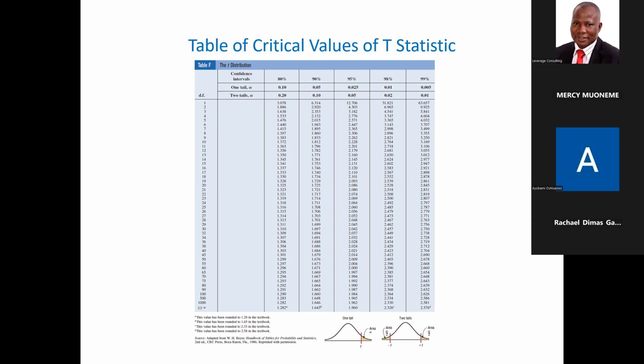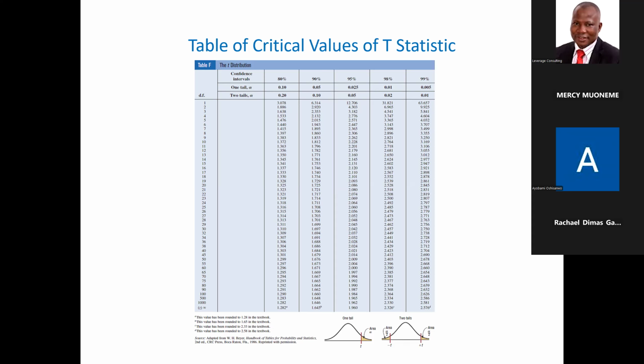If you look at around that 30 degrees of freedom, you see something like 1 point something with the 95. Look at that third to the last column. That's what corresponds with 95 confidence level, 0.05.